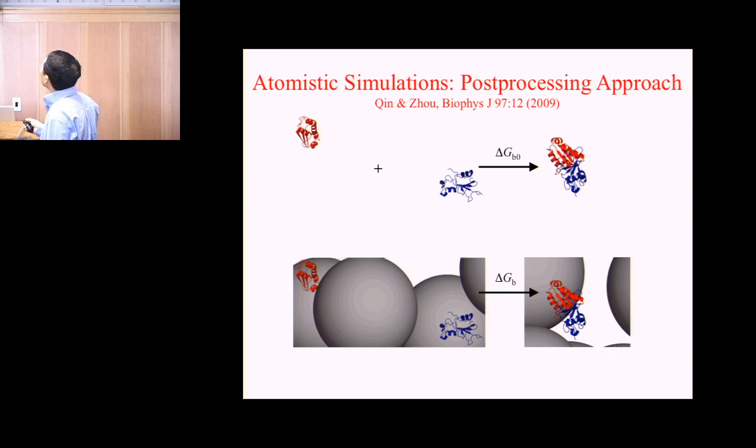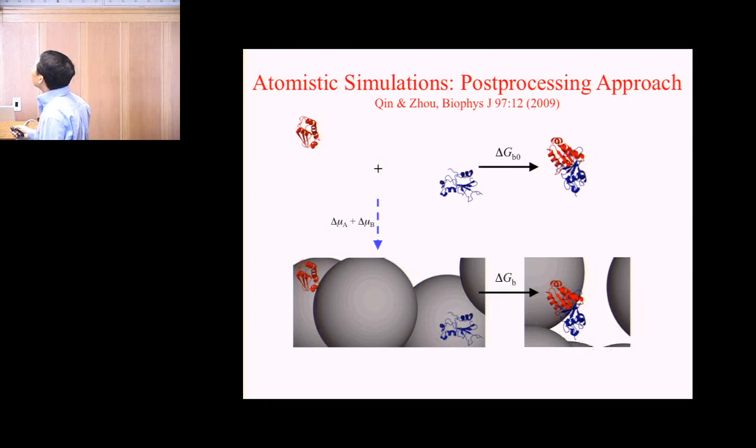Then typically to get the crowding effect, you calculate the difference in the binding free energy, for example. So that's what you can do experimentally.